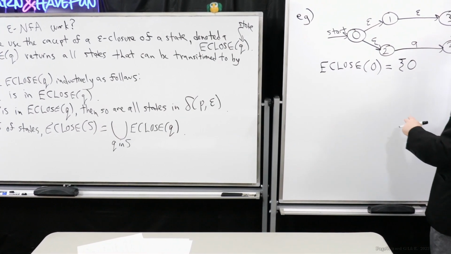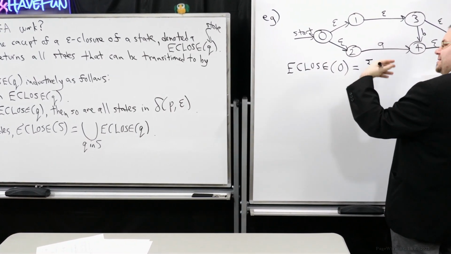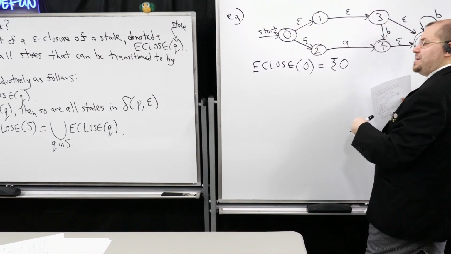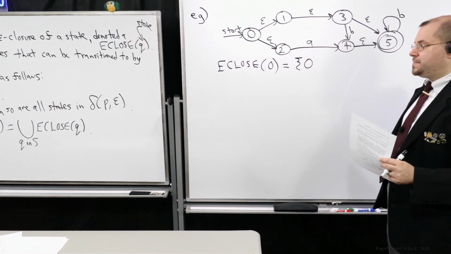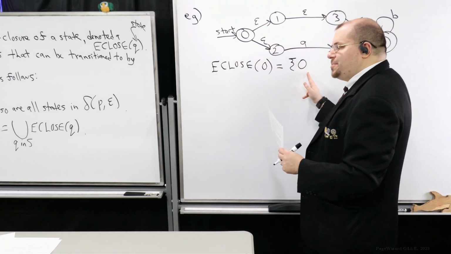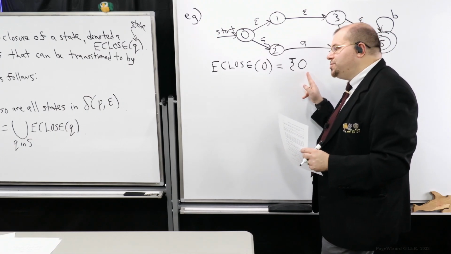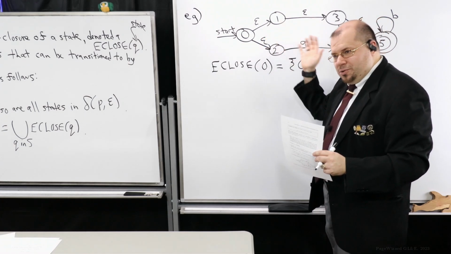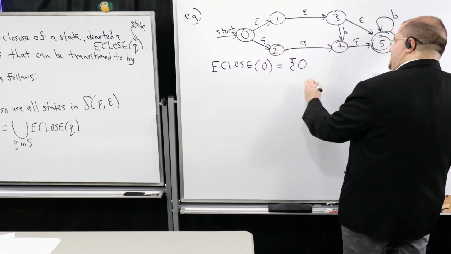So just as an example, if you were to literally interpret if P is in this, so if 0, now I want to walk through what this means. So if you imagine you're given a state of the epsilon NFA. If 0 is in the epsilon closure of Q, then so are all the states that you could transition to on epsilon. So watch this.